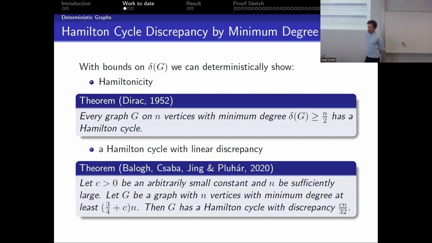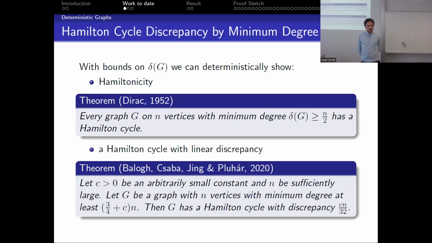This is the result that started a lot of interest in discrepancy. Balogh and others showed that for arbitrarily small constant c and n sufficiently large, a graph on n vertices with minimum degree at least (3/4 + c) times n has a Hamilton cycle with discrepancy at least cn/32.